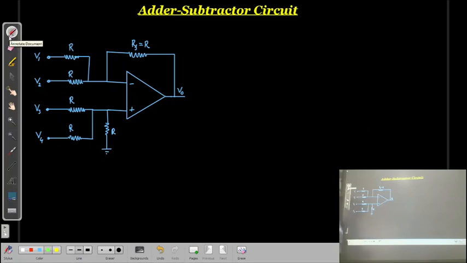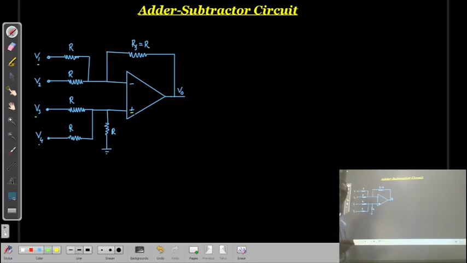So if you look at this circuit, we have four different voltages: V1, V2, V3 and V4. V1 and V2 are given to the inverting terminal, and V3 and V4 are given to the non-inverting terminal.